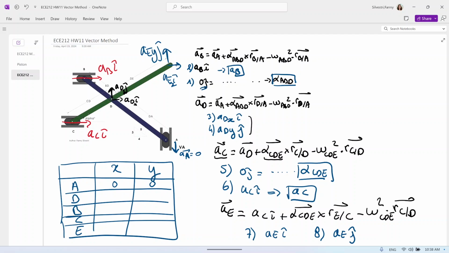You do first for ABD for the first rod, and after that you can do the CDE. The positions of D from A, B from A or from D, and after the positions for C to D and D to E are very, very crucial. They are way easier to find than the IC, because you have the 3-4-5 triangle, and you have your angle alpha, and you have your dimension.